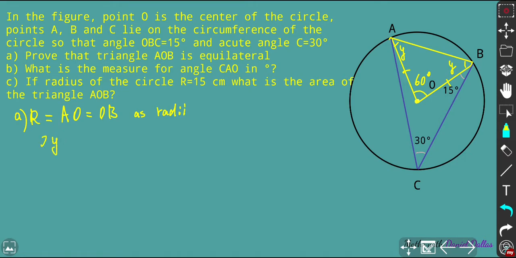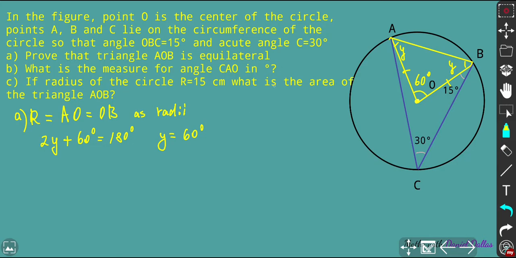Y and Y means 2Y, and 60 degrees together will make 180 degrees. From there, we can figure out 120 over 2, which means 60 degrees is Y. Because they're both Y, we have all three angles 60 degrees, and that means this triangle is equilateral.